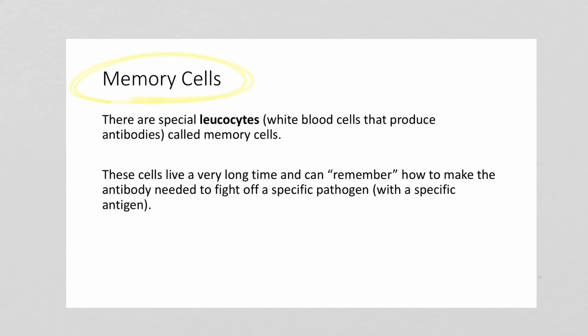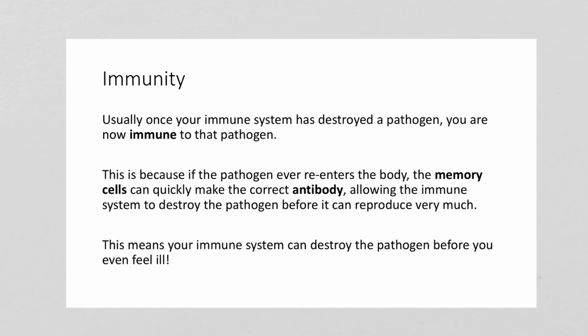So that memory cell, after the body successfully fought off a pathogen, will stay in the lymphatic system or the circulatory system and just sits there waiting for that pathogen to come back. And if it does, the memory cell remembers how to make the antibody, which means that you can fight off the disease much faster. You can kill that pathogen much faster because you don't need to wait around trying to figure out how to make the antibody. This then makes you immune.